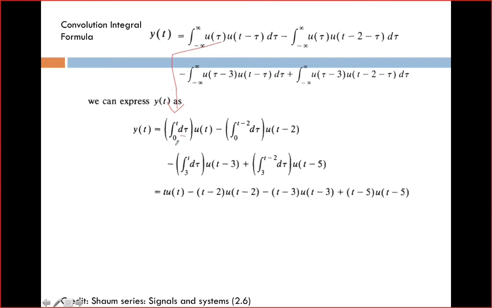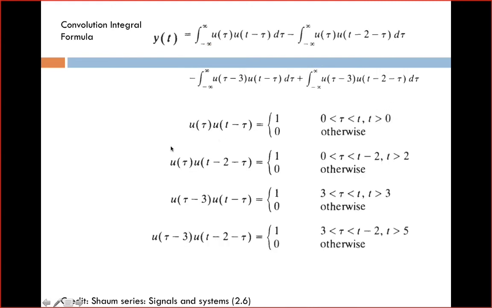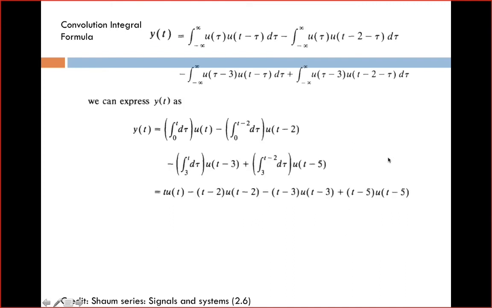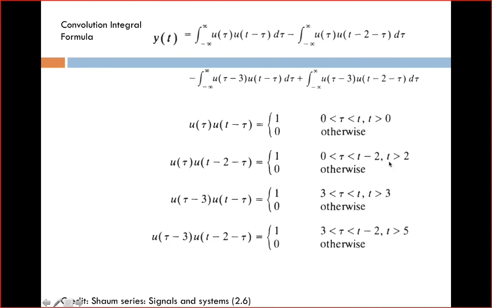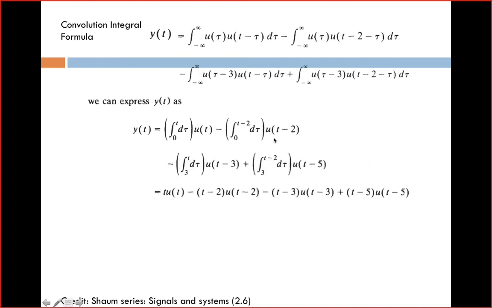Minus, for the second case the limit is from 0 to t minus 2, so minus the integration over 0 to t minus 2 of d tau, because here you are going to substitute the t value and you will get t minus 2.